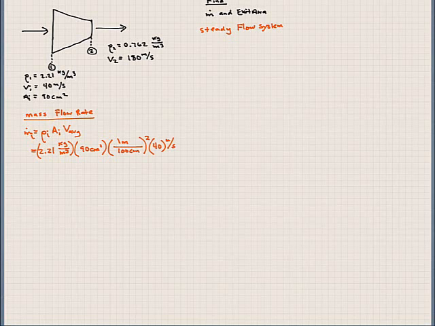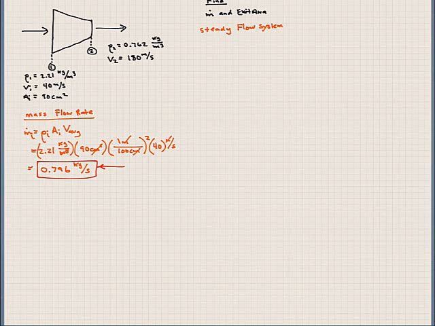So let's look at the units here. We have meters cubed here that cancels out with this, the centimeters cancel out, and we're left with kilograms per second. If we carry this calculation out, we'll get a value of 0.796 kilograms per second. Okay, so here's our answer. That's what the mass flow rate is through this nozzle.